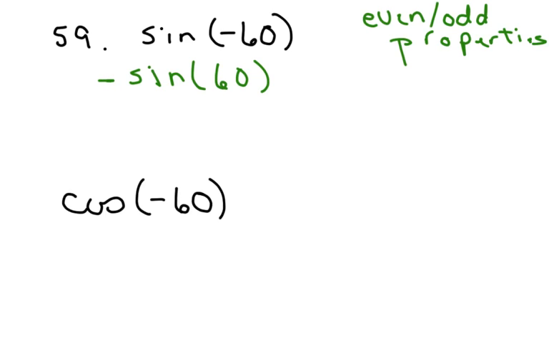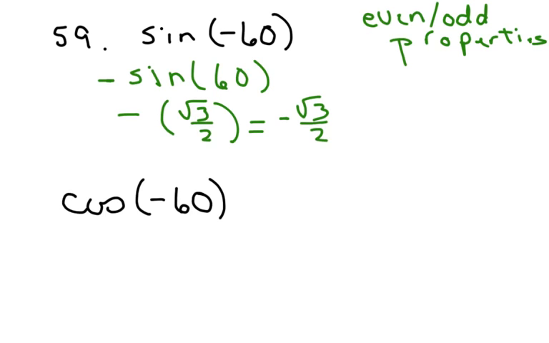When you know what sine of 60 is, then you just take the negative value of that. Sine of 60 is root 3 over 2, and you take the negative of that. So the answer of negative sine of 60 is negative root 3 over 2.